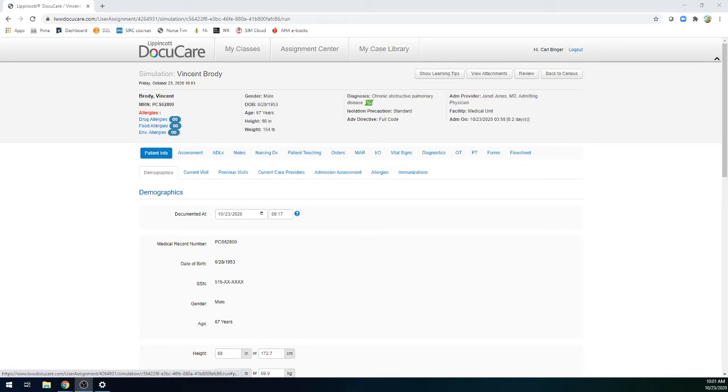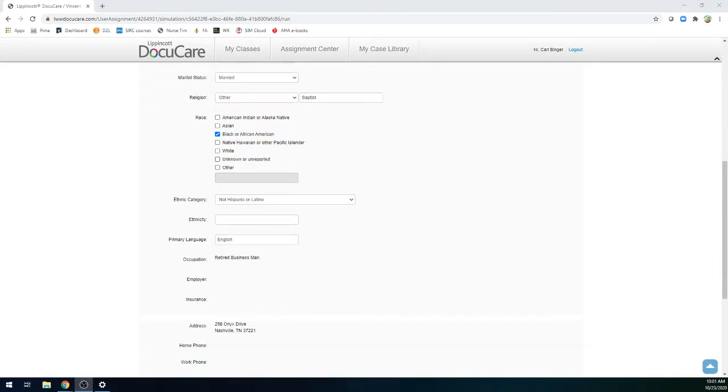So let's see what Carl is expecting from me. On this line here, you should be going through all of these different tabs and hitting on all of them in order to make the benchmarks for your nursing charting rubric. Let's start with patient info. Demographics is the first one. Some of this has been loaded over, which is fine.